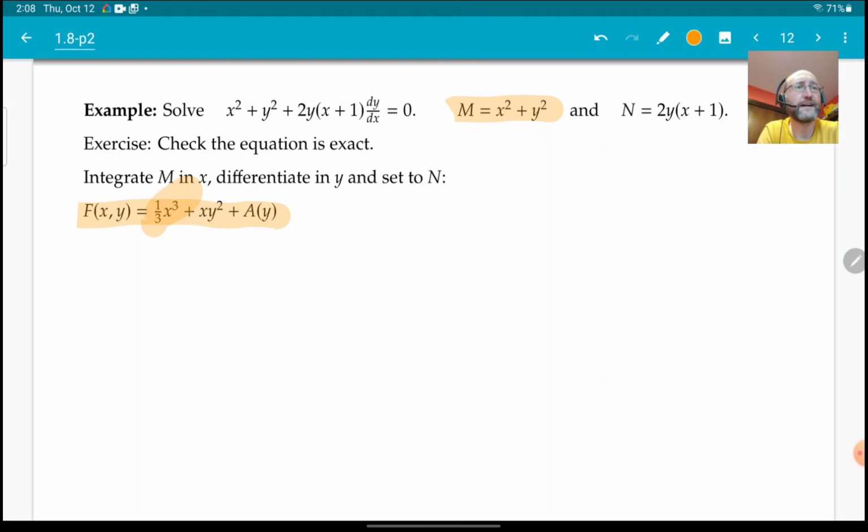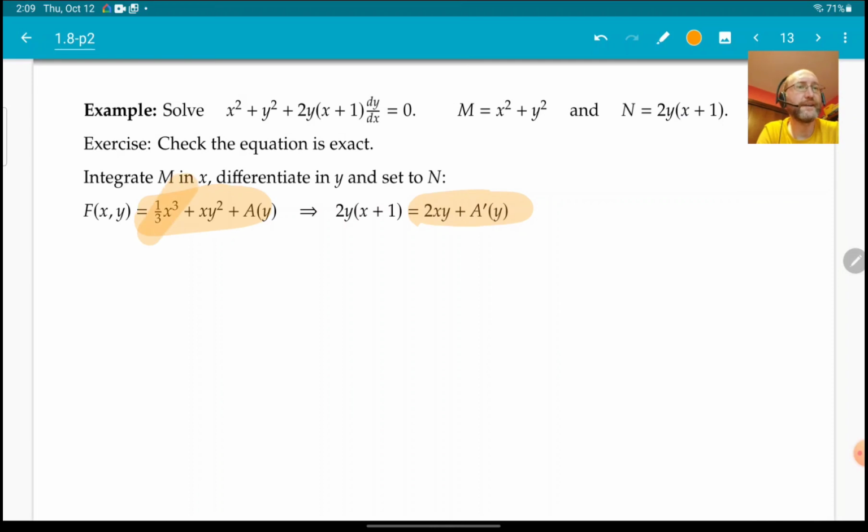Then y squared is just a constant as far as x is concerned, so x y squared. And then there's the constant of integration, which possibly depends on y, call it A of y. Now we differentiate that in y.